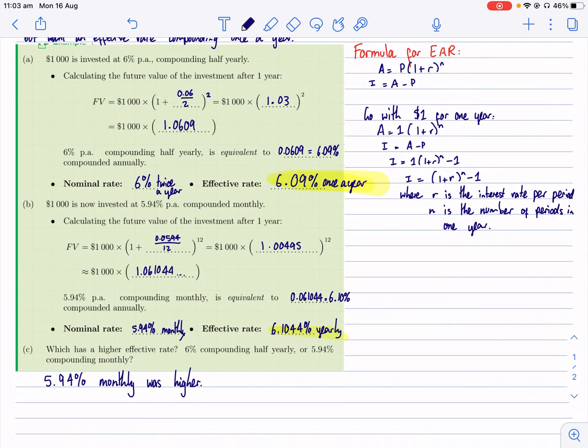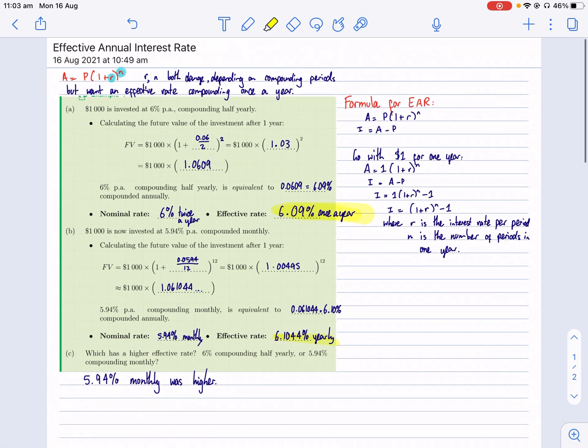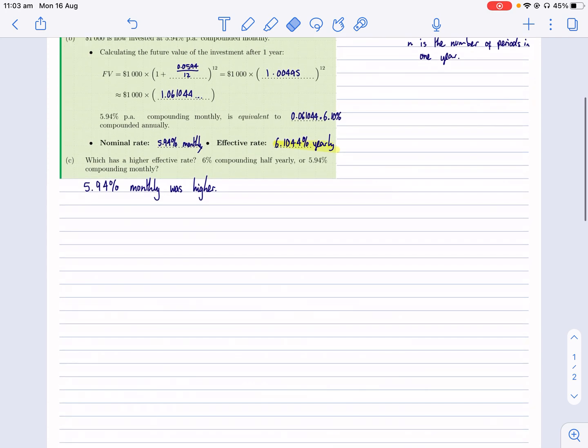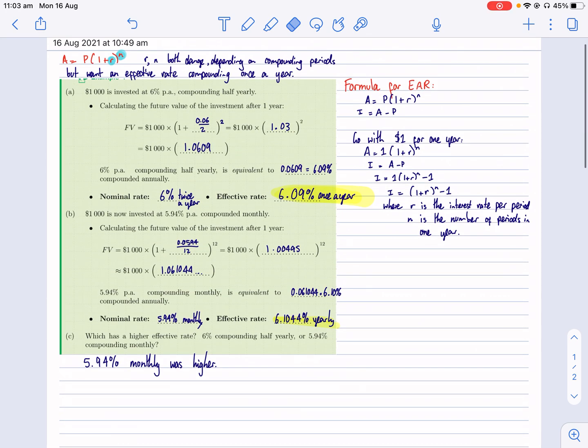So if they're ever after an effective interest rate, yes, you could do it with $1,000 and you could find it for how many years. We're only wanting it for 1 year, and you may as well just assume it's $1 so that you have a 1 out the front here and a 1 here instead of 1,000 and 1,000. All up, it's the same diff. That's effective interest.